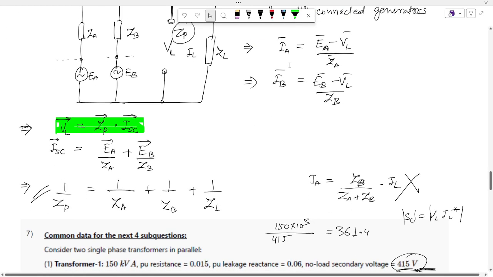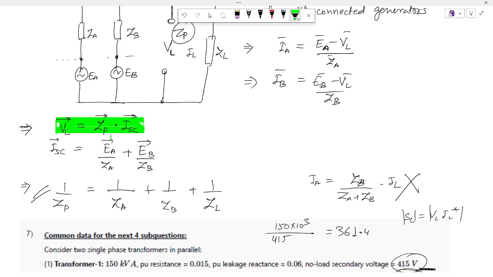So ISC will be EA by ZA plus EB by ZB, and similarly the net impedance seen between the load terminals is given by 1 by Zp equals 1 by Za plus 1 by Zb plus 1 by Zl.